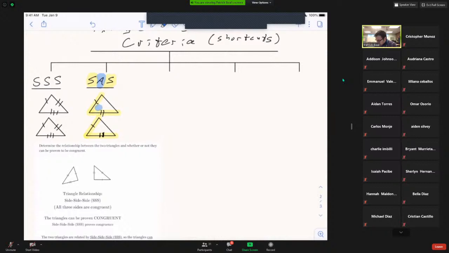So I need this angle to be congruent. And that would be SAS. Side, angle, side.